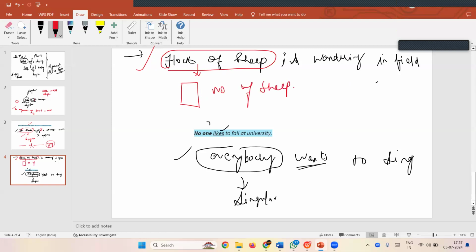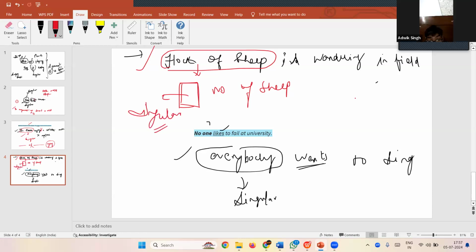I'm agreeing with that, a number of sheep. But I am making it a group, like a group of people. So this group is considered to be singular. So you have to understand it in this way. A flock of sheep is a group of sheep, but I am making it a single group.